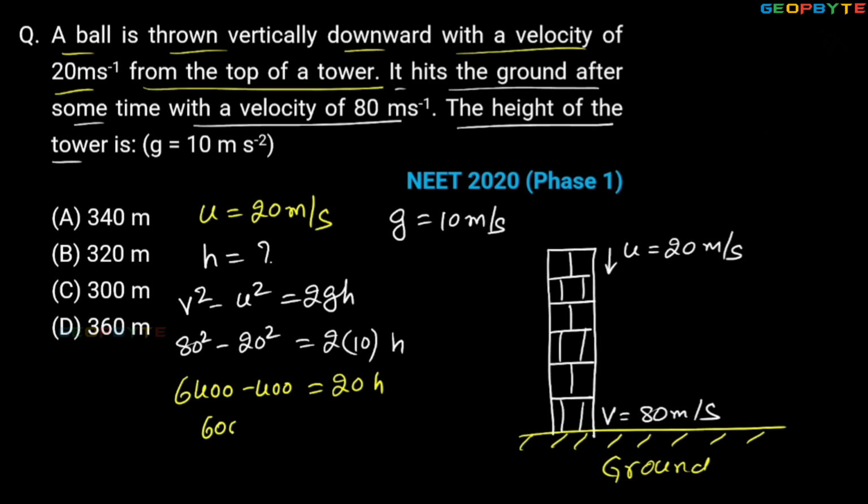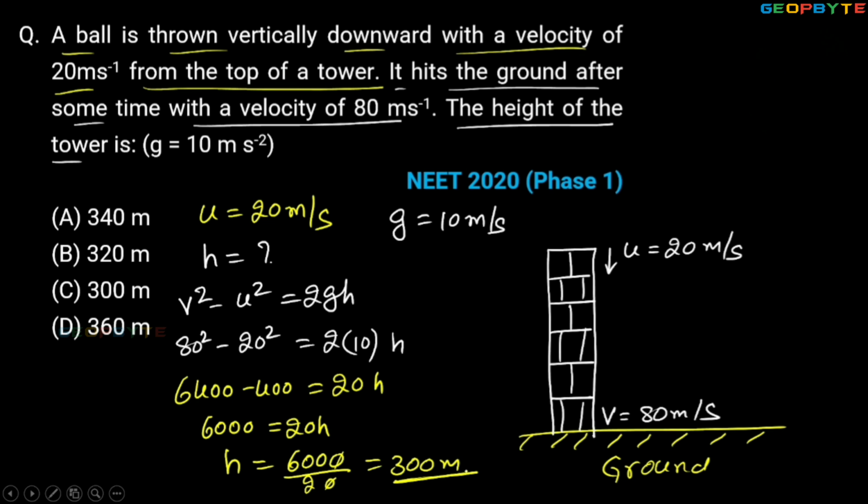It is 6000 equals 20 into h. Therefore, height of the tower equals 6000 divided by 20, which is equal to 300. 300 meters. That is the height of the tower. Look at option C. Option C is absolutely correct.